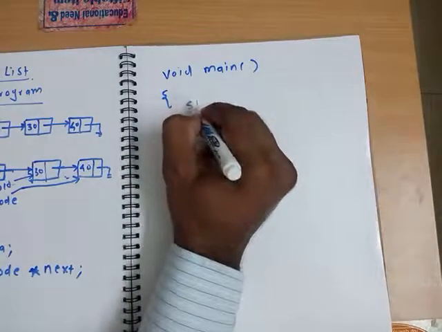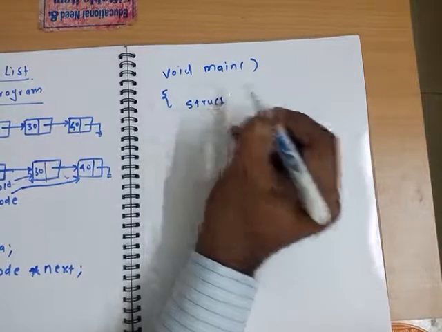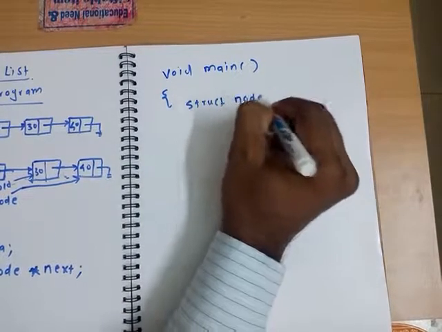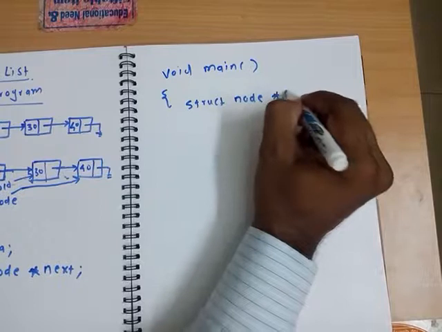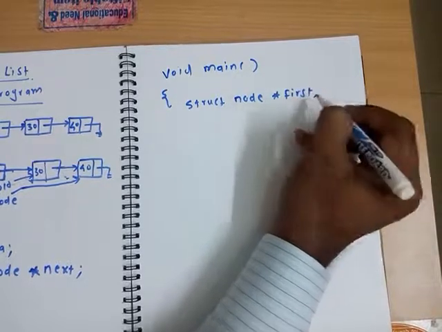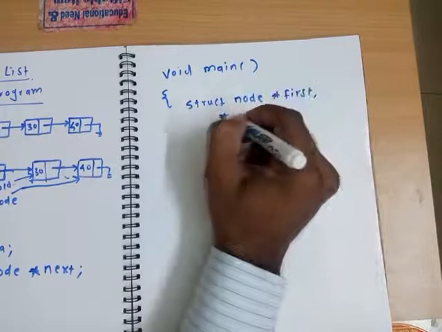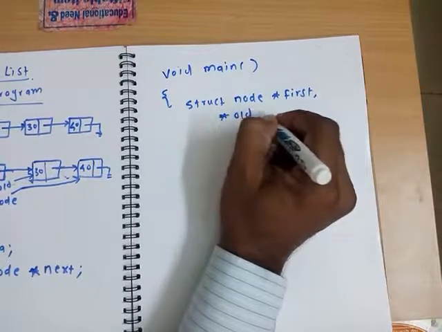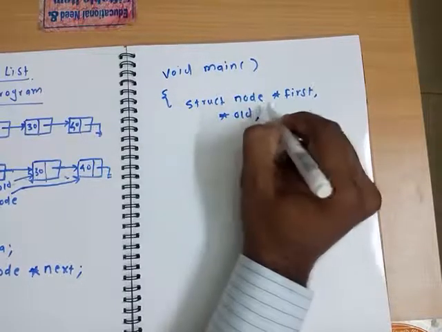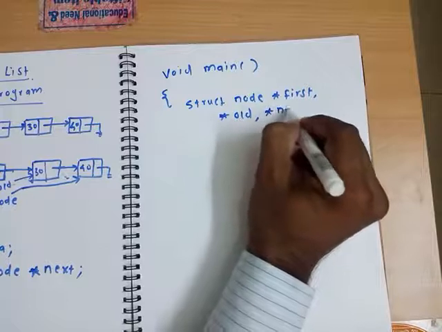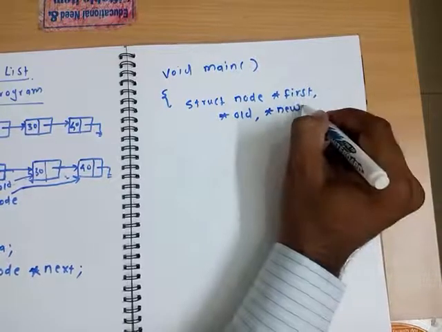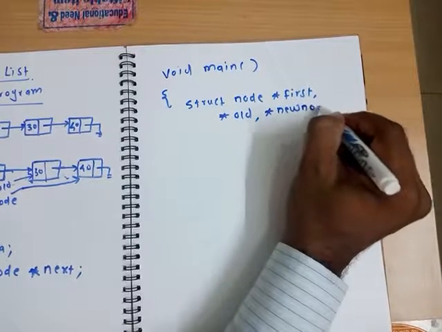So let's declare them. Struct node. First pointer will always point to the first node, we will not move this. Then the old pointer, which will help us create the link between nodes, and the new node pointer, which will help us demand memory for a new node.